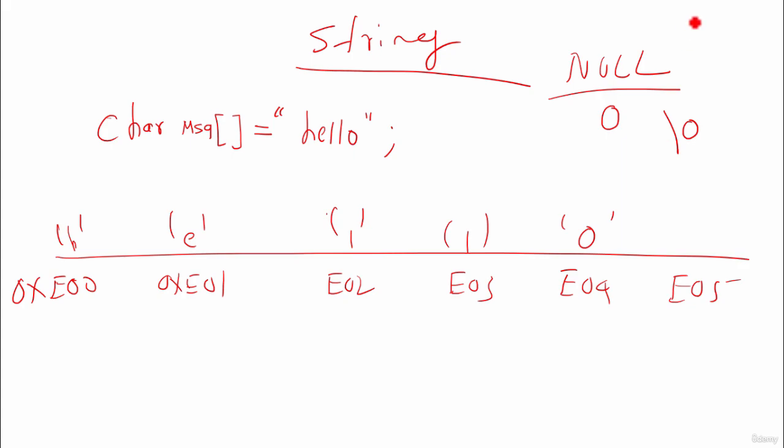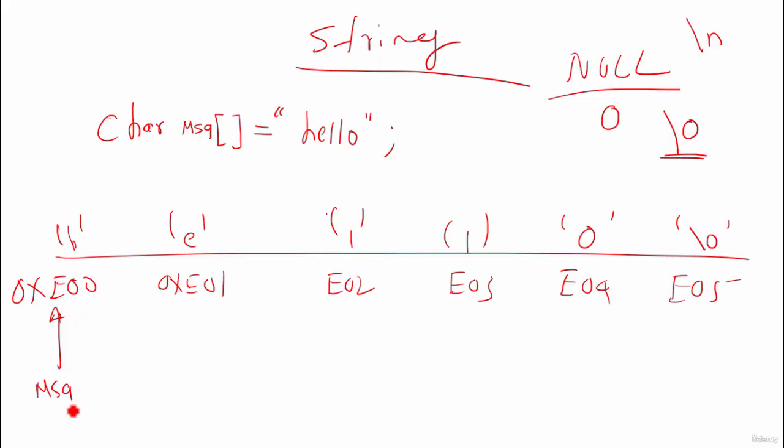You represent a new line as \n, right? In the same way, \0 is used to denote a null character in the program. So this is how the string hello is stored in memory, and this is a reference, message.